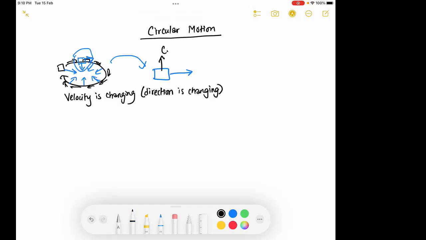So this is the centrifugal force, and this is the object's velocity. At any point, you will see it's the same: there's a centrifugal force that acts perpendicular to the velocity.